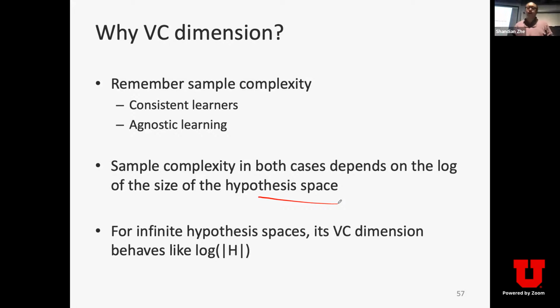And unfortunately, in practice, we often choose an infinite hypothesis space. That's why we should use some other measurement for the complexity of your hypothesis space. That is what motivates the so-called VC dimension.